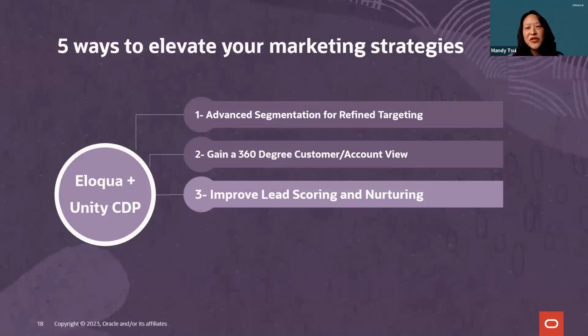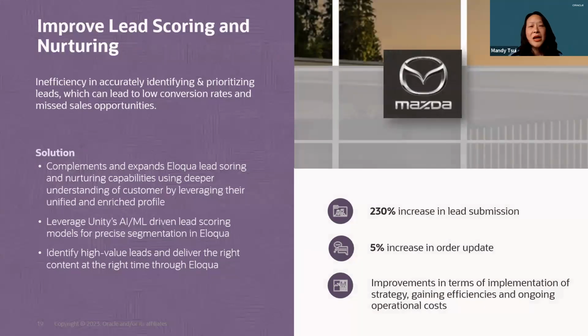The third way to help you elevate your marketing strategy is to improve lead scoring and nurturing. This particular case study and marketing strategy was used by Mazda. Mazda was struggling with truly understanding how their customers were engaging with them across the different channels.